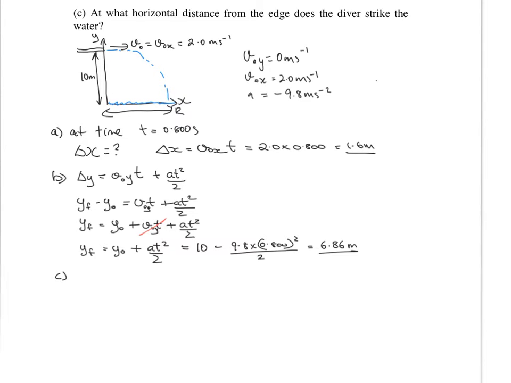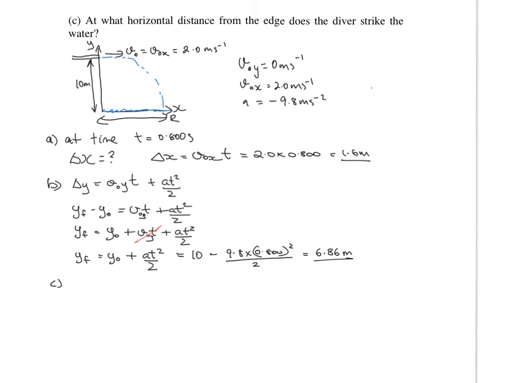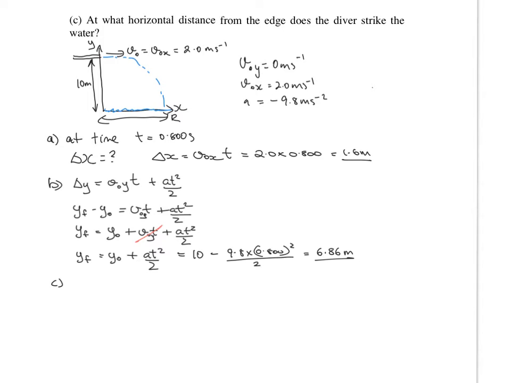So we know that when we strike the water, our change in displacement is going to be y final minus y initial, which is 0 minus 10 meters. So when our y displacement is minus 10 meters, we strike the water.